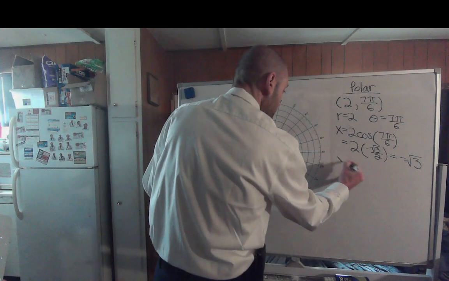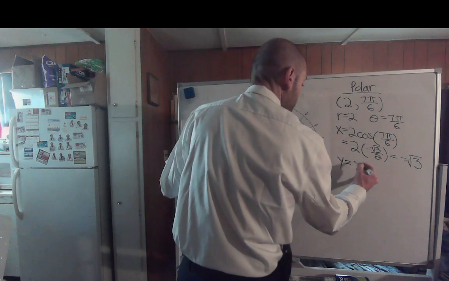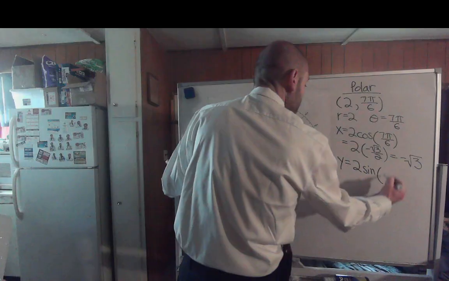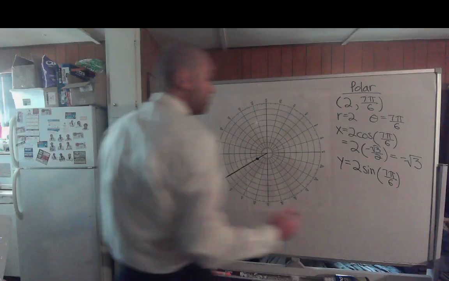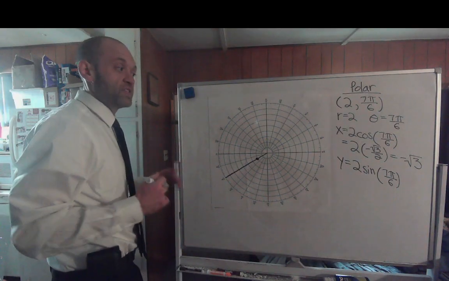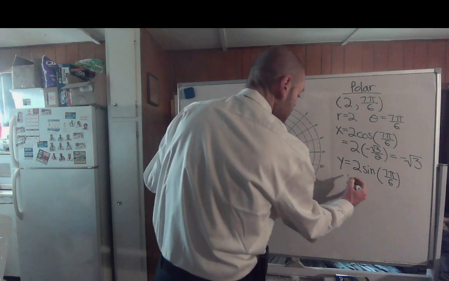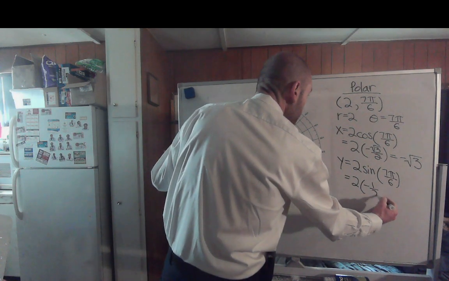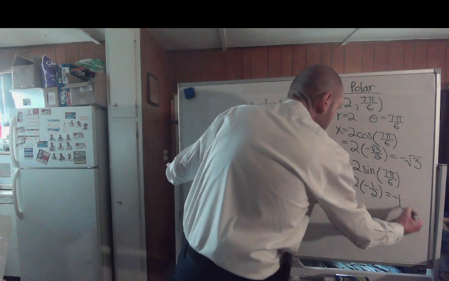Now let's find my y. So y, again, this time it's r sine of theta, so my r is 2 times the sine of 7π/6. Now, what's the sine of π/6? That's normally 1/2, but since we're in the third quadrant, that'll be negative 1/2. So this would be 2 times negative 1/2, which would just give me negative 1.